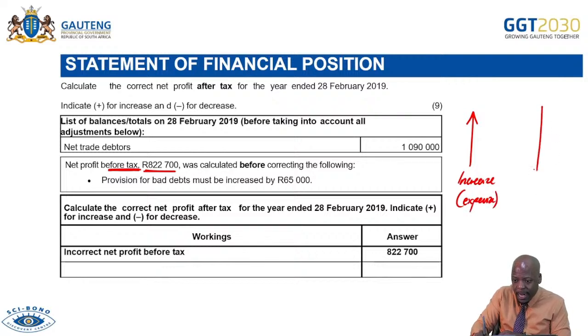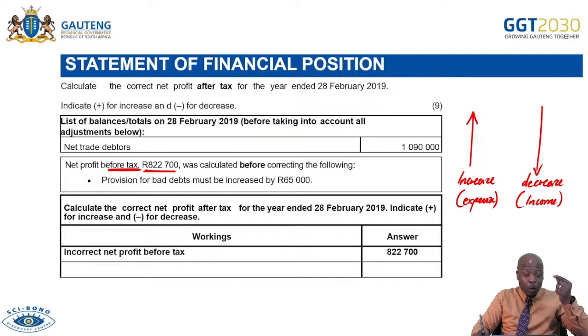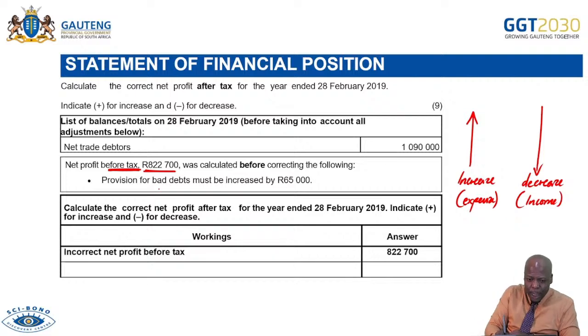Yet a decrease in provision will be treated as income. So I have two things here. I have an increase, which is an expense, but I also have a decrease, which is considered income. Here we are told provision for bad debts must be increased. So already I know that I have what? I have an expense that I must record, and it is 65,000.